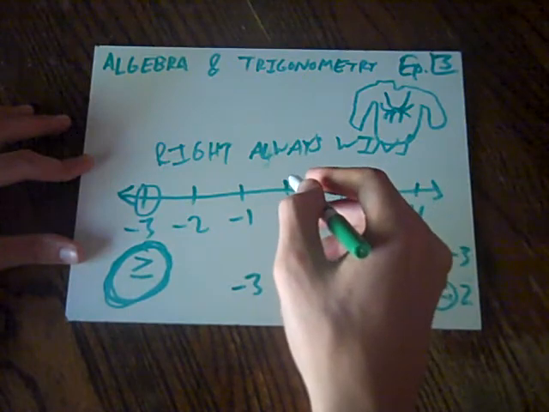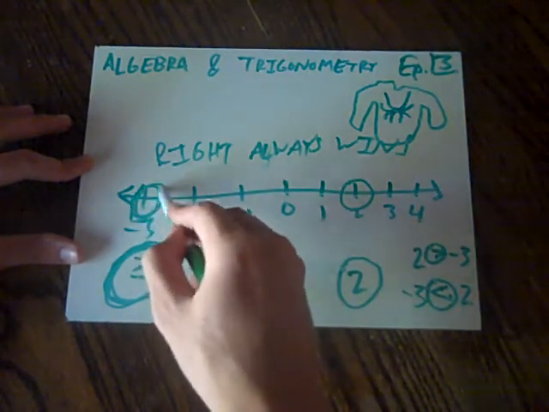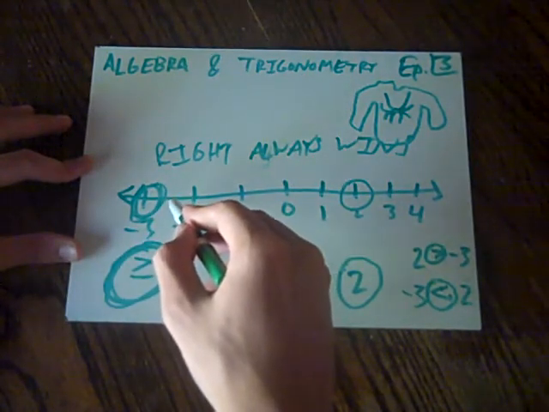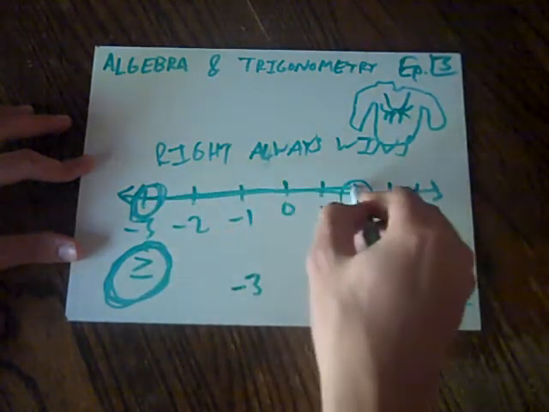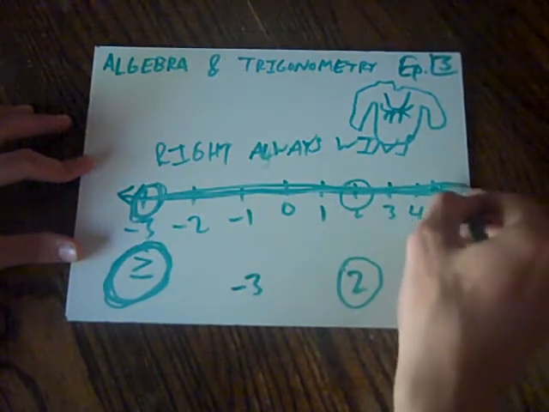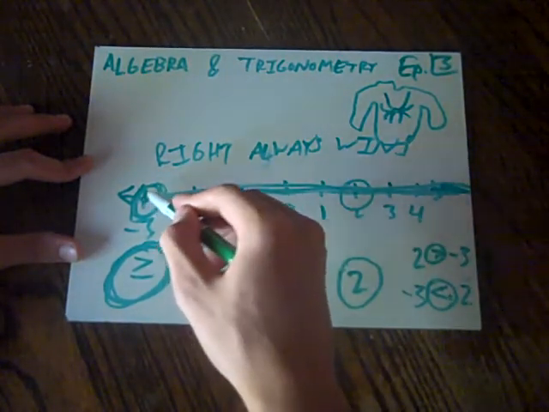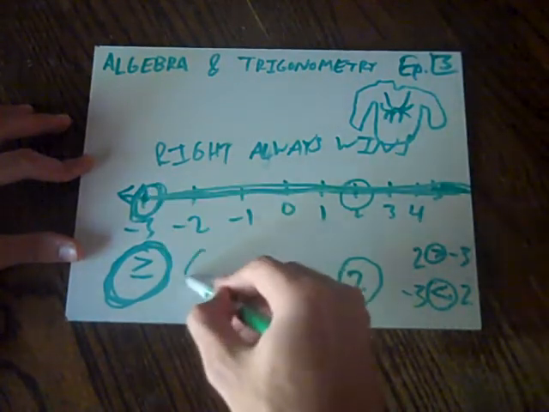So basically, greater than or equal to -3 means anything all the way over here. All this is greater than or equal to -3. And it could include this too.